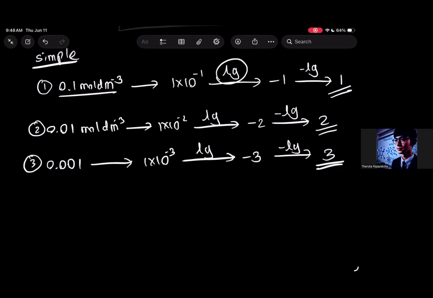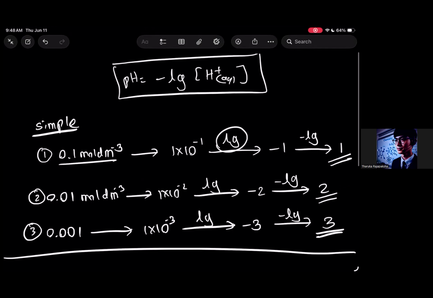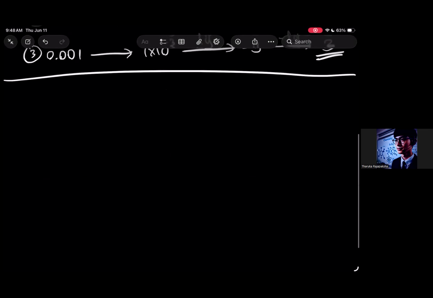So when you want to convert a concentration of H plus into pH, you actually need the logarithmic table, right? And also in the GCE Advanced Level syllabus, most of the questions have these log values. So I want you to remember these values. Actually, it's not necessary, but it'll reduce the time it takes to go and check the logbook.